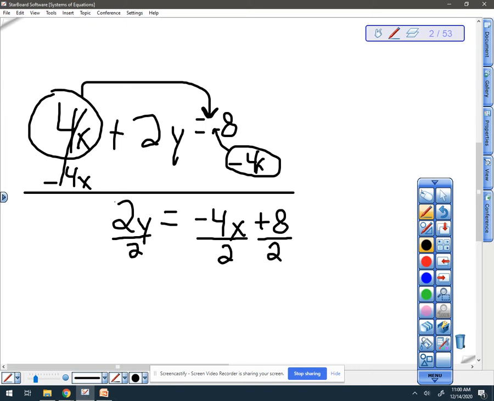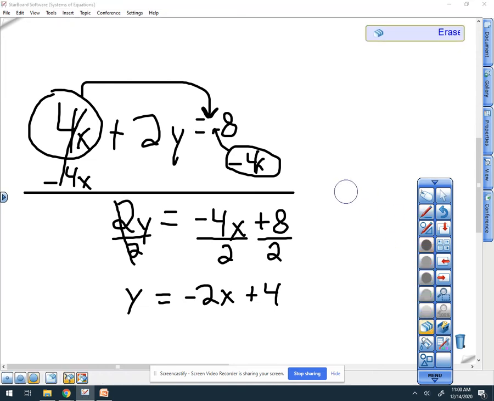All right, so 2 divided by 2 is 1, so that's gone. So we have just y, which is what we want. We just want y by itself over there. So y equals negative 4 divided by 2 is negative 2x. 8 divided by 2 is 4. And now it's in slope-intercept form.